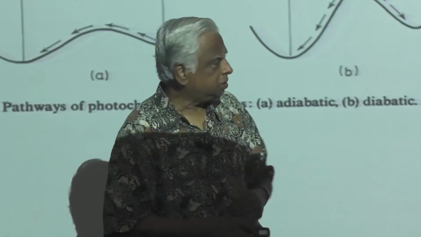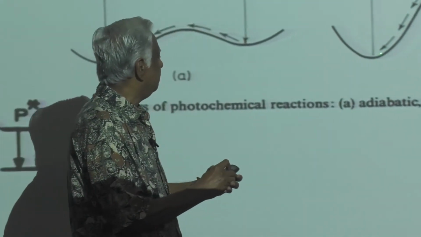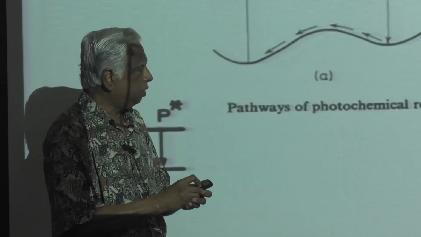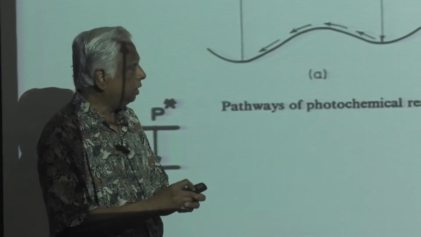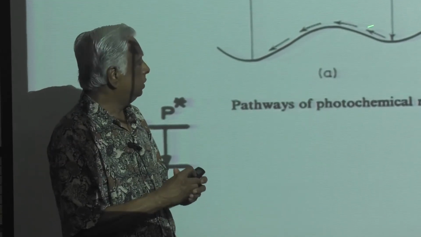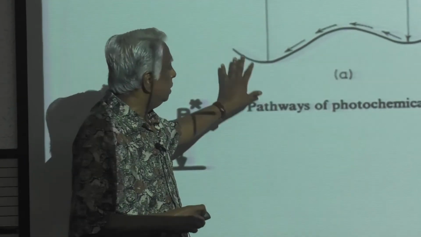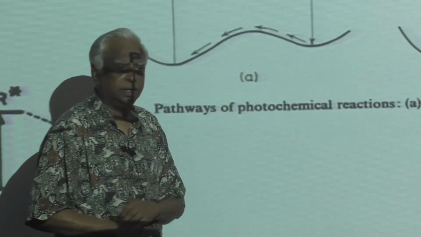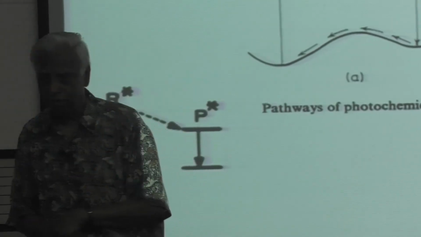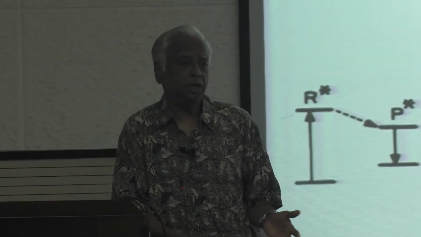For thermal reactions, if you have a reactor here and if you heat it, it will cross through the barrier and then come down here. Same thing will happen here. This surface is called the ground state surface. Ground state means that is the most stable electronic configuration of the molecule.